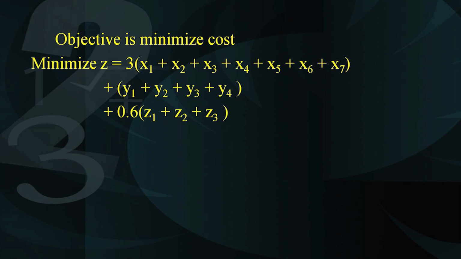So, therefore, each of the x1, x2 etc. has to be multiplied by 3. Next comes y1, y2. This is to be multiplied by 1 because the cost of the express service is 1. Similarly, the cost of the ordinary service of laundry is 60 paisa. So, therefore, it has to be multiplied by 0.6.